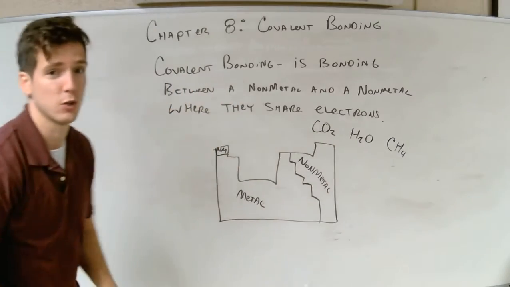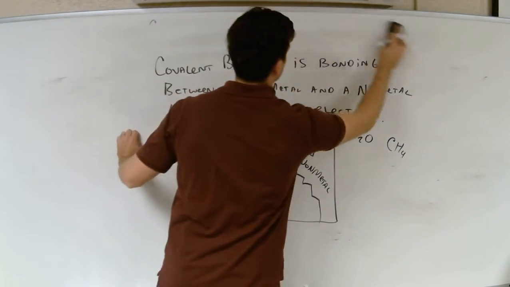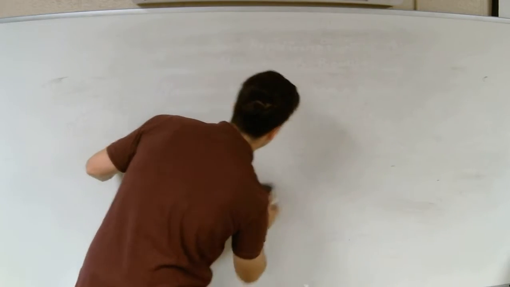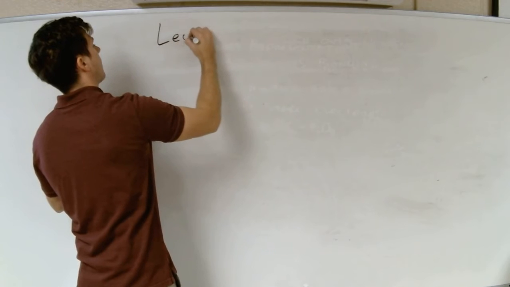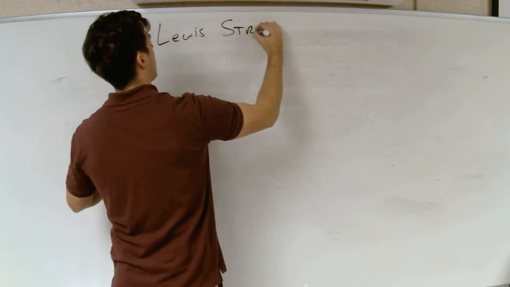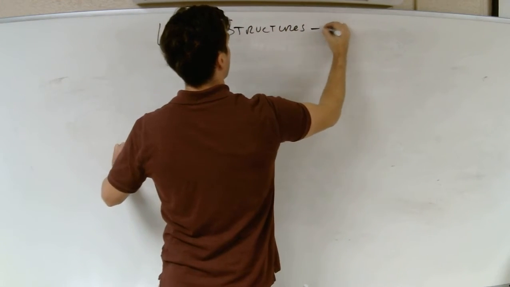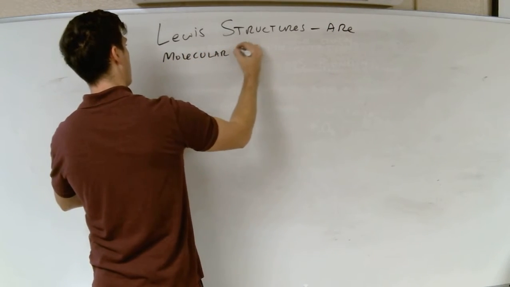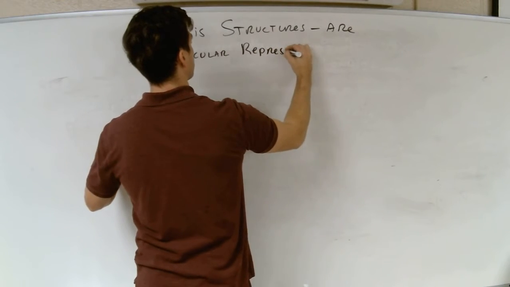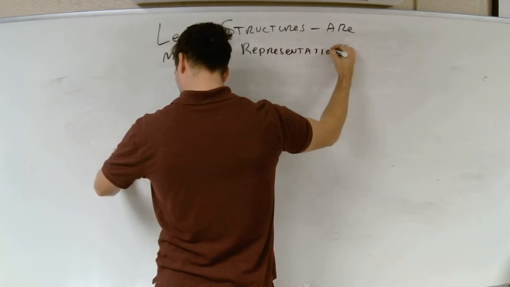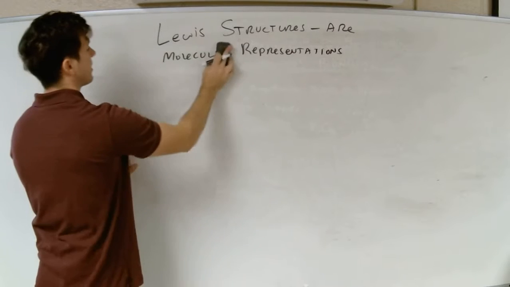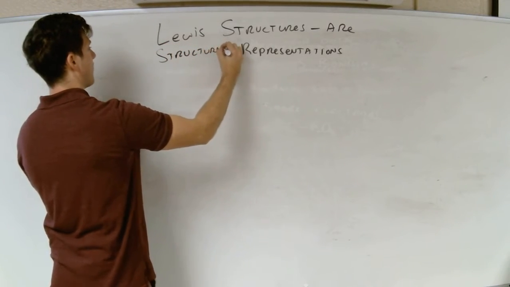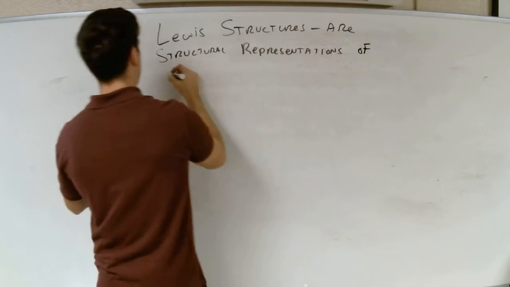What are Lewis structures? Lewis structures are structural representations of molecules.